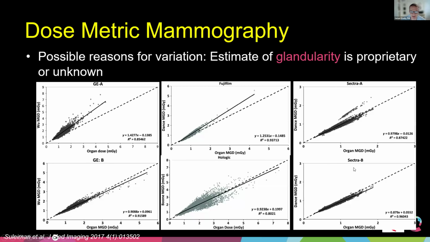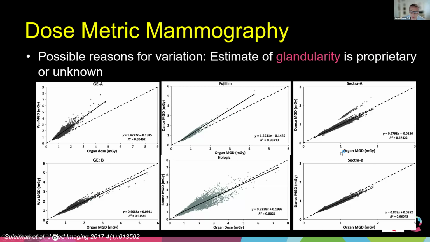Here you can see in various different vendor implementations of the mean glandular dose, the values are actually a little bit different. This dashed line that bisects the plot is what we call unity. So if you were to measure a 3 milligray mean glandular dose and actually simulate or calculate it, if it was perfectly true, it would fall on this dashed line.